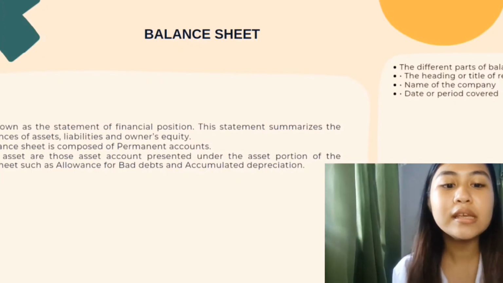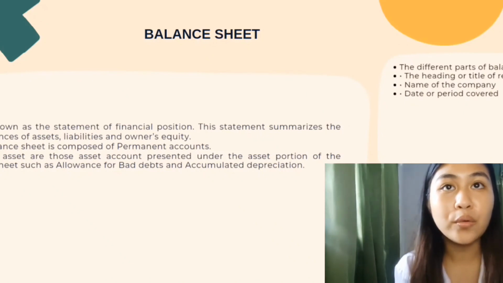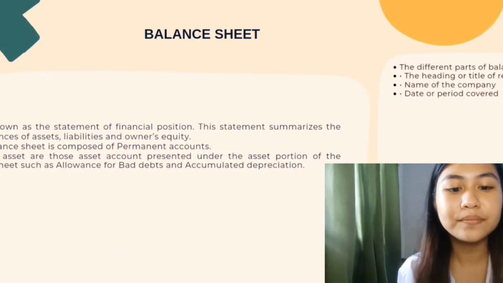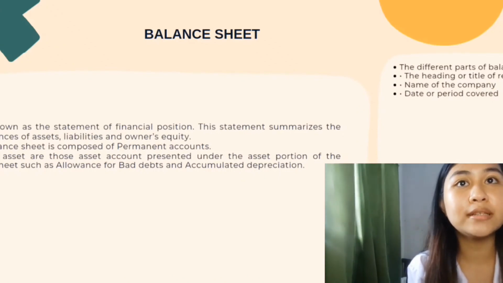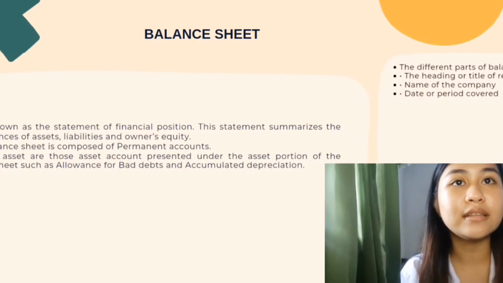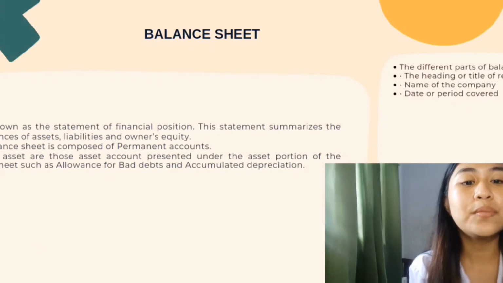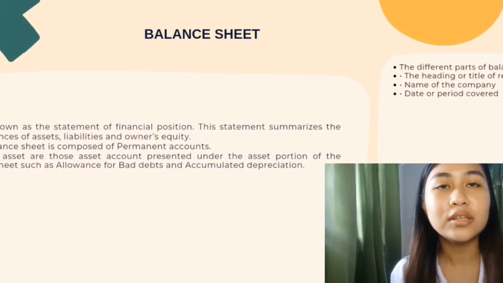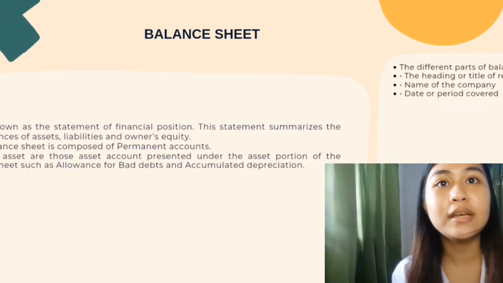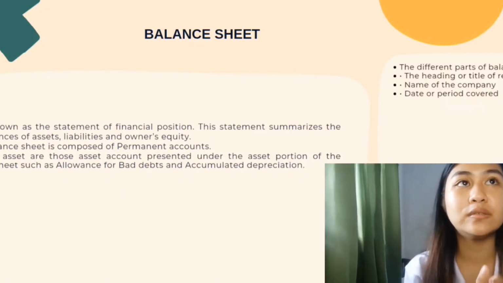So usually it is at the end of a quarter or of a year. So the balance sheet is composed of permanent accounts. Contra assets are those asset accounts presented under the asset portion of the balance sheet, such as allowance for bad debts and accumulated depreciation.